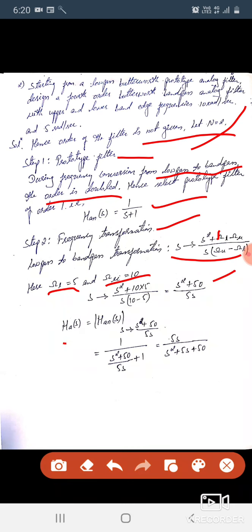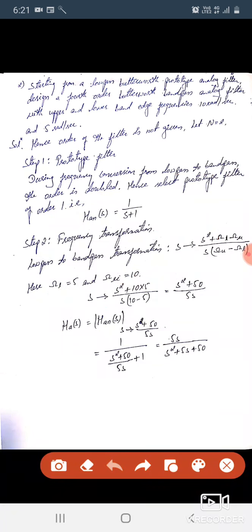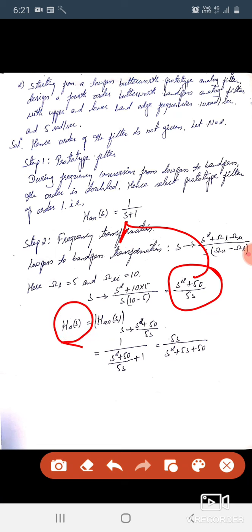This is not the actual one, this is what we want, Han(s), but the actual Ha(s) is 1 divided by S, wherever S is there we substitute our S value. Then I will get Ha(s) as 1 divided by (S square plus 50 divided by 5S plus 1). If you solve, you will get 5S divided by S square plus 5S plus 50.